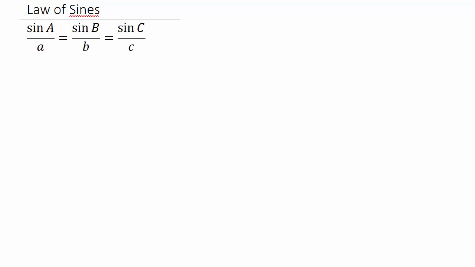So the law of sines: we have the sine of angle A over side A is equal to the sine of angle B over side B, which equals the sine of angle C over side C. So this triangle would look something like this.